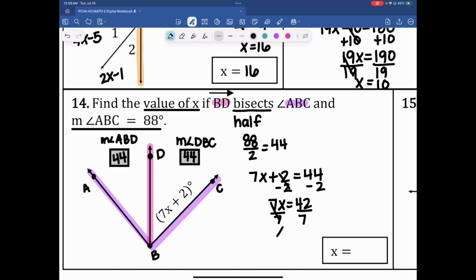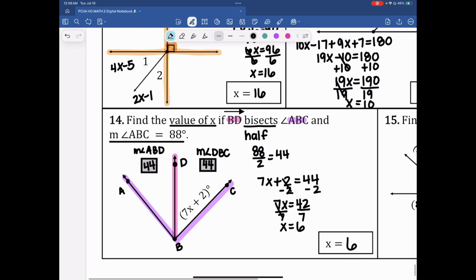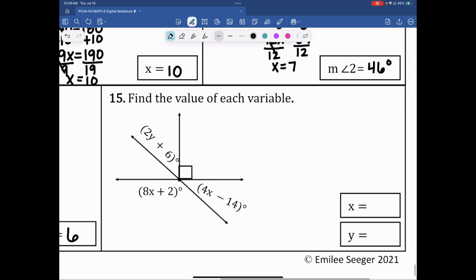And I now know that x equals 6. So just as a reminder, going forward, when you see the word bisects, it means to split it in half.